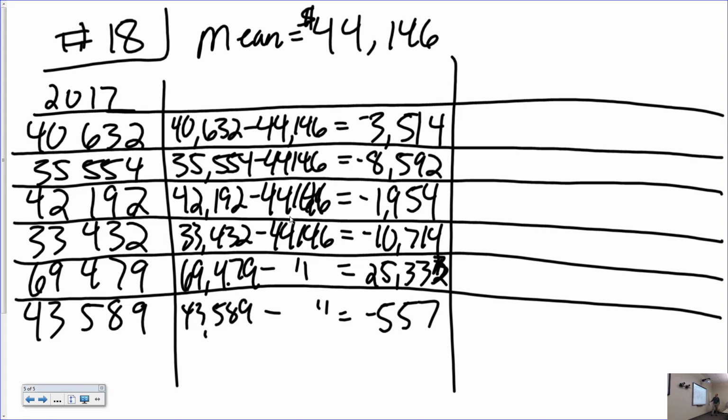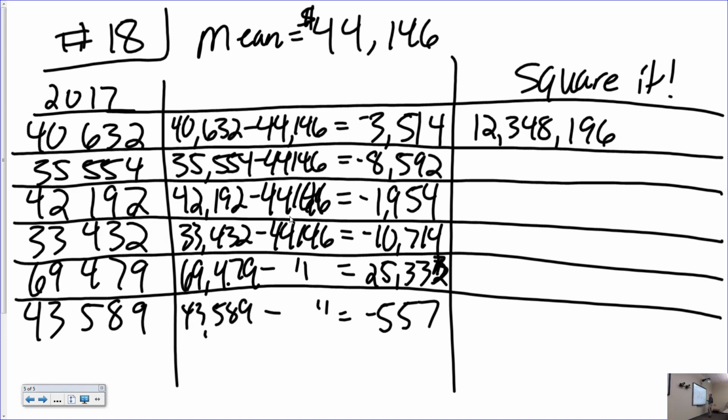Now you do the next step. What do you get to do? You get to square. So what is 3,514 squared? 12,348,196.